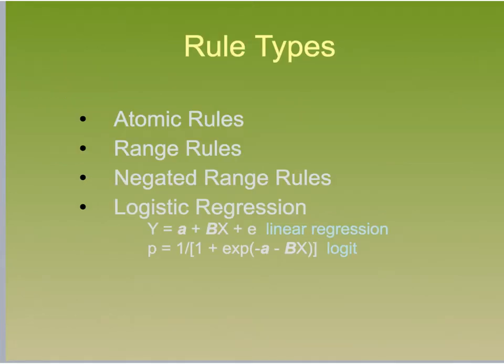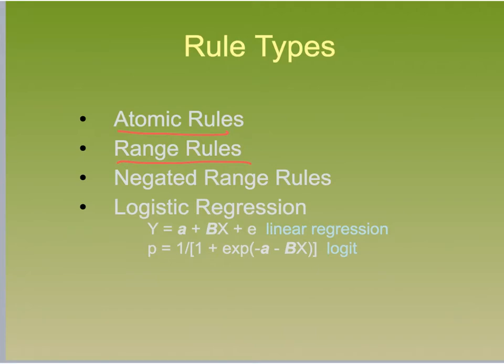So let's look briefly at these 4 rule types. We have atomic rules. These are rules that come from the old BIOCLIM models that say if a specific value of an environmental covariate, or specific values of specific covariates, are met, then the species could be present or absent. Range rules are a bit more appropriate for modeling population-level species distributions.